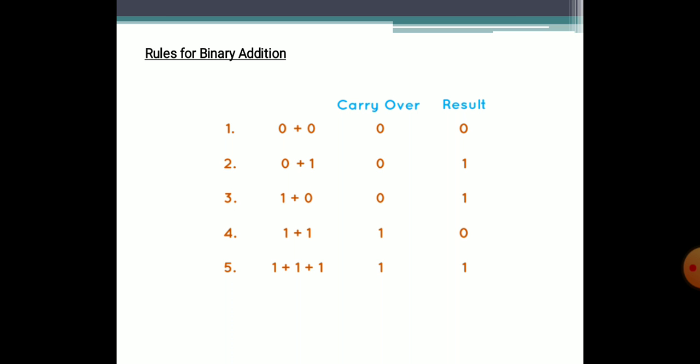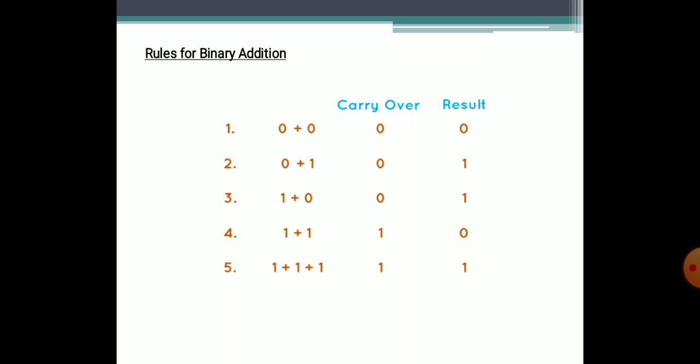When we add these two numbers, 11 base 2 and 10 base 2, we get the result 101 base 2, which is 5 in base 10. The result of both binary and decimal addition give us the same answer.